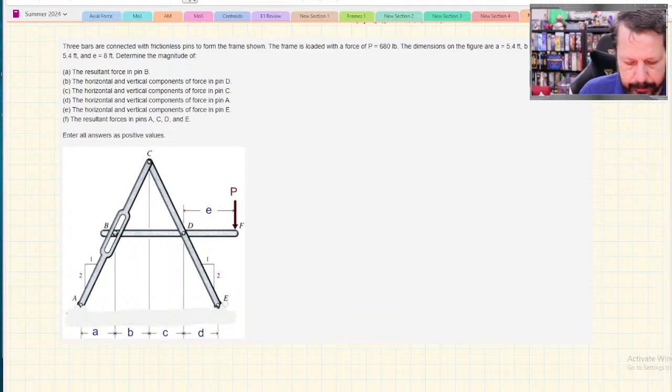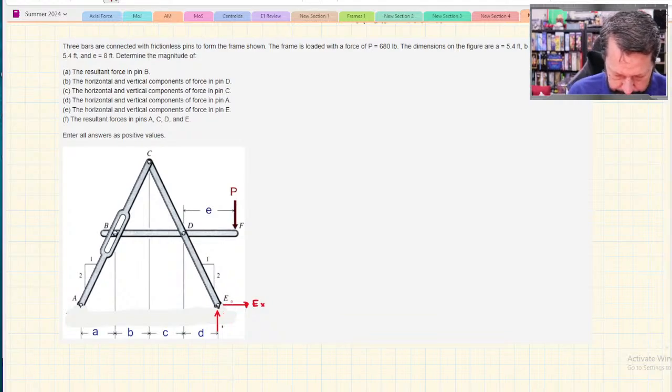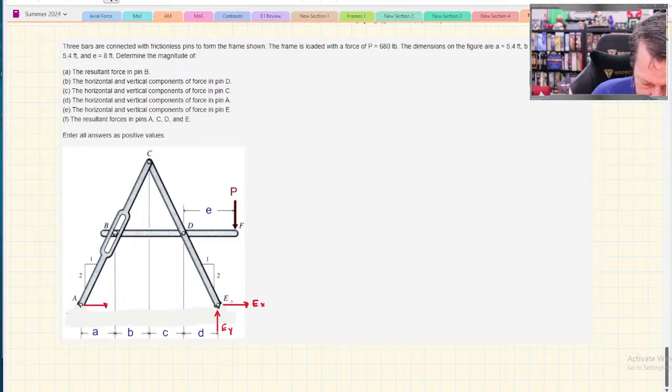Okay, so now we can draw a free body diagram. We have EX, we have EY. Let's put EY further down here. We don't know which way these are going, so I'm just drawing them in positive X and Y directions.